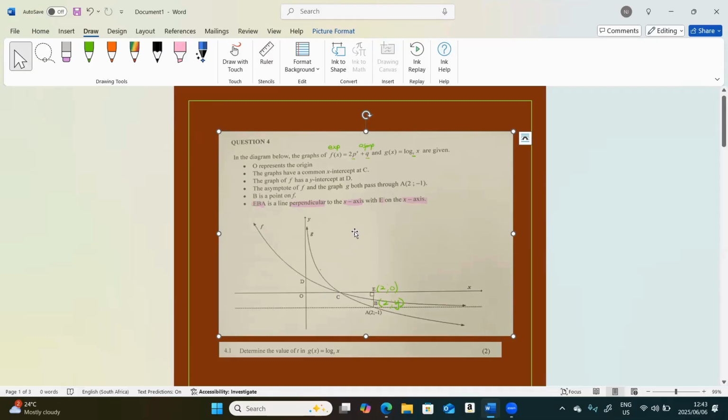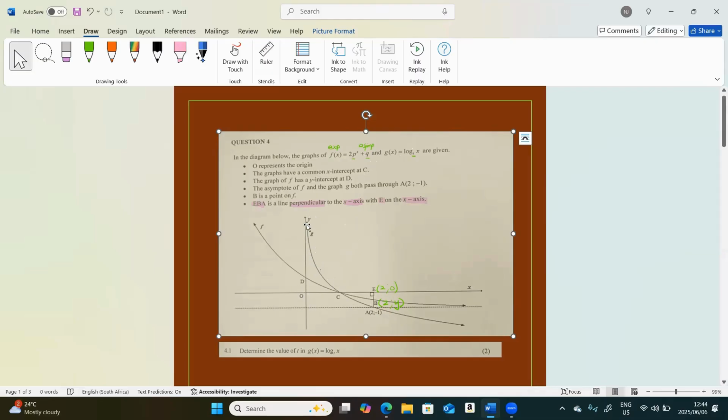Okay, then let's go to g, the function g(x). So you would see that this is g, and when we follow it from the bottom up, we would see that the first point is point A, (2; -1). And then we have the x-intercept, which is C, and then we go up all the way. Remember that because the log function is the inverse of the exponential function, the log function will have a vertical asymptote.